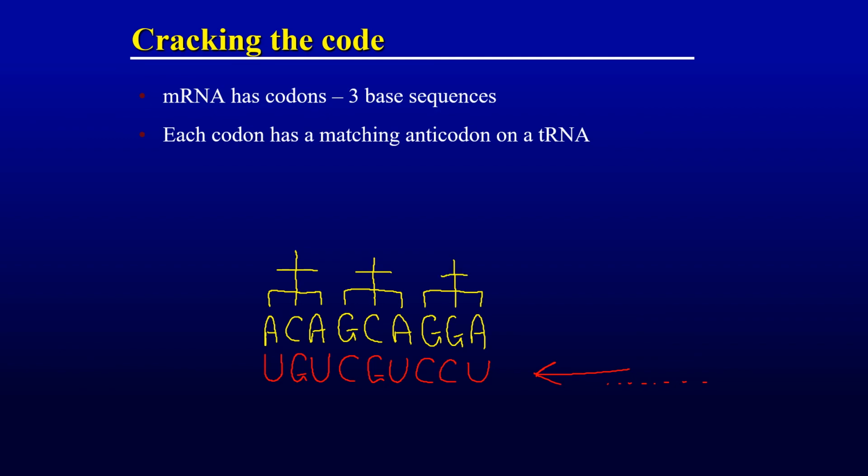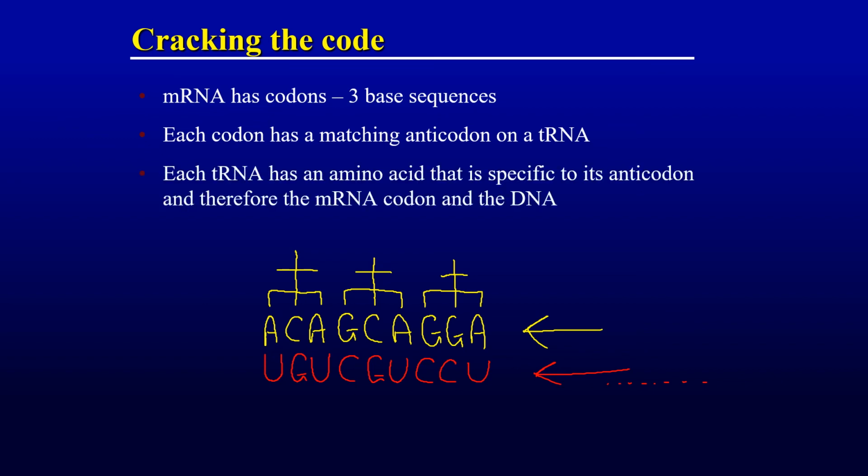All right, there we go. So these then are our anticodons. Now what we also know is that each transfer RNA has an amino acid that's specific to its anticodon and therefore specific to the codon on DNA. Now we know from a database that the anticodon of ACA has the amino acid cysteine, which we abbreviate to CYS.